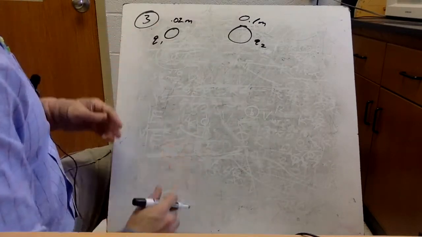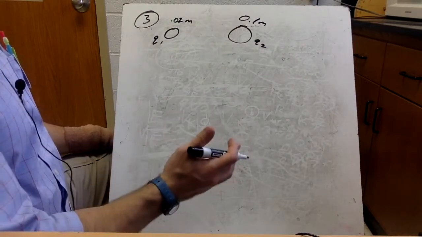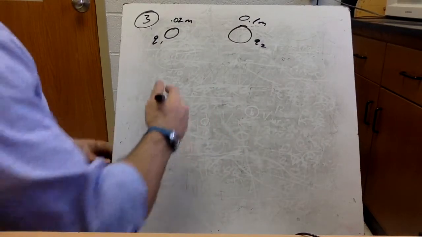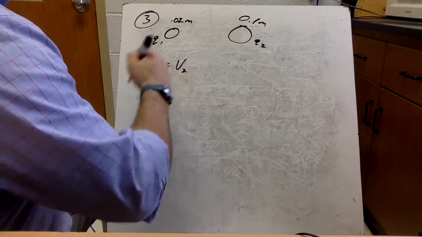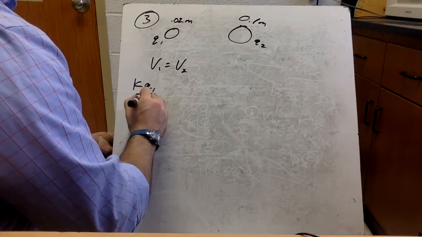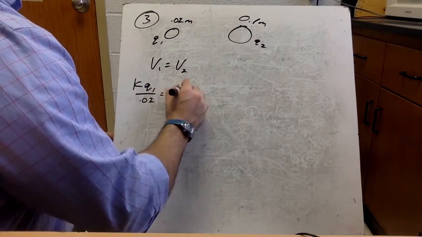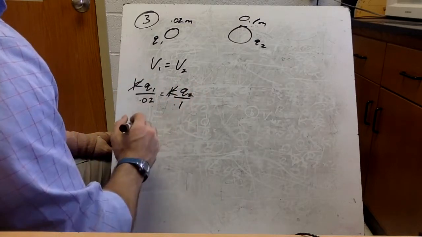So what do we know about them? We know, since they were connected by a wire, that their potential is going to be the same at the surface, right? So we can say V1 equals V2. It means that K Q1 over 0.02 is equal to K Q2 over 0.1. We cancel out the K's here.